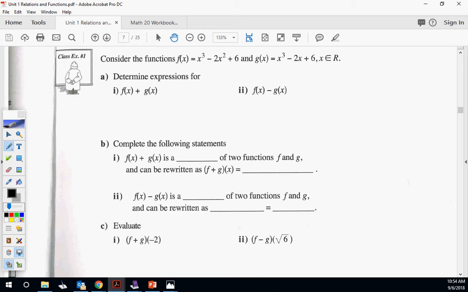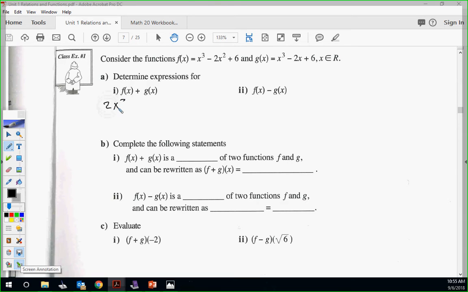All right, so right here, f of x plus g of x. What's that expression? Okay, I'll go and take care of these for you. So f of x, x cubed plus x cubed, 2x cubed. Negative 2x squared, there is no x squared, so it just stays.